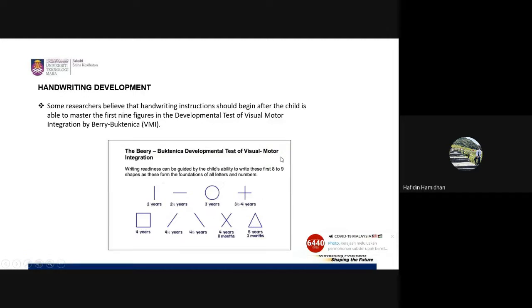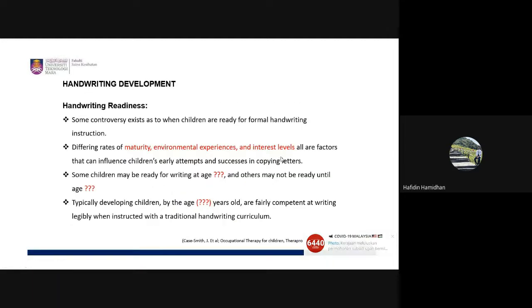Ada yang mengatakan pada umur 4 tahun kanak-kanak sudah bersedia untuk participate dalam handwriting activity, tetapi some mengatakan ada kanak-kanak yang berumur 6 tahun pun masih belum bersedia. Tetapi sebagai benchmarknya, typically developing children sepatutnya sudah boleh menulis dan tulisan tersebut sudah boleh dibaca ketika mereka berumur antara 6 hingga 7 tahun.